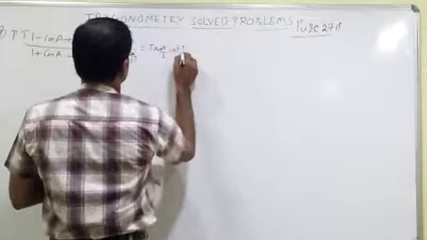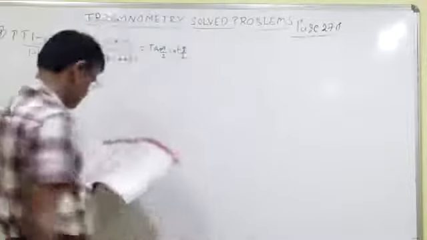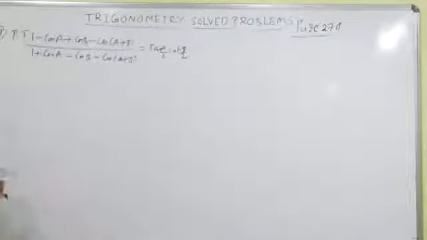This is RHS: tan a by 2 into cot b by 2.